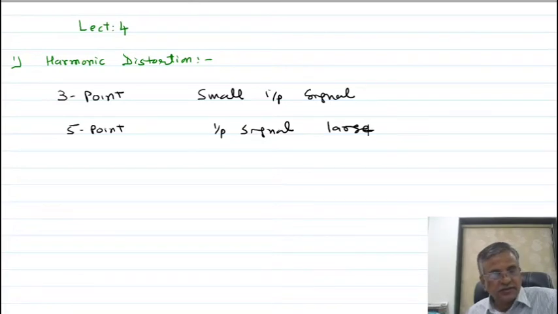In a power amplifier, the transistor is driven over the two extreme points of the load line. This means the transistor is operated between two extreme points, that is, the saturation and cutoff points of the load line. As a result, the 5-point method is used to calculate the harmonic distortion.